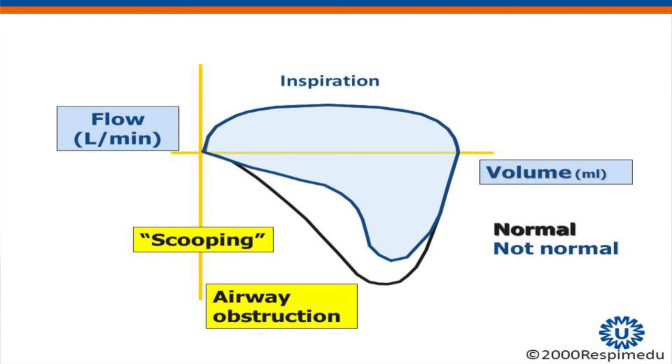What you see here is a different loop, the next one. You see expiration is not a straight line, but it's scooping. This could be a patient with airway obstruction. Yeah, what you see here. Peak flow is lower, expiratory peak flow, and you see some scooping in the loop.